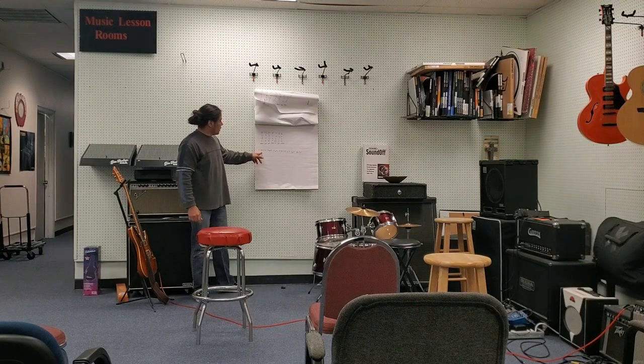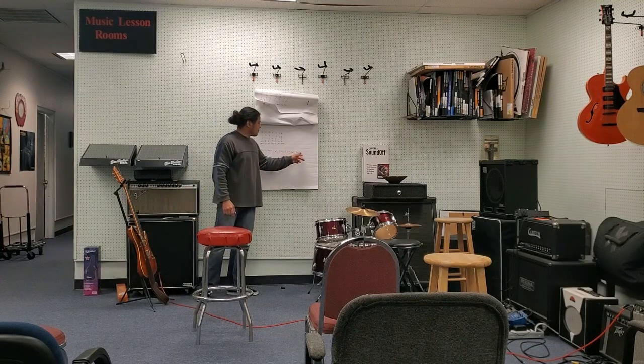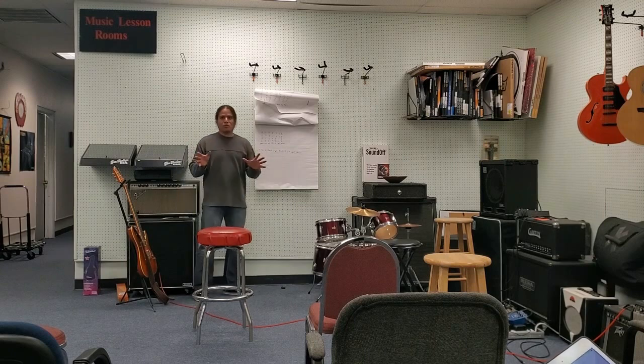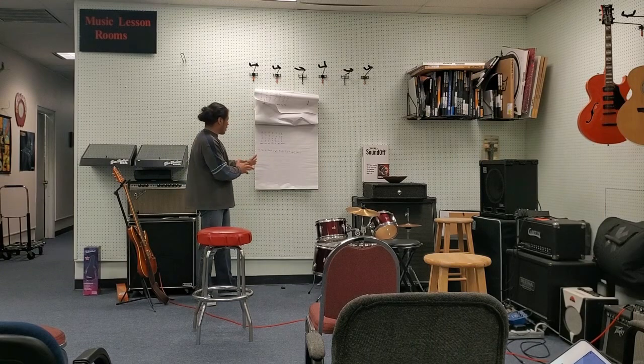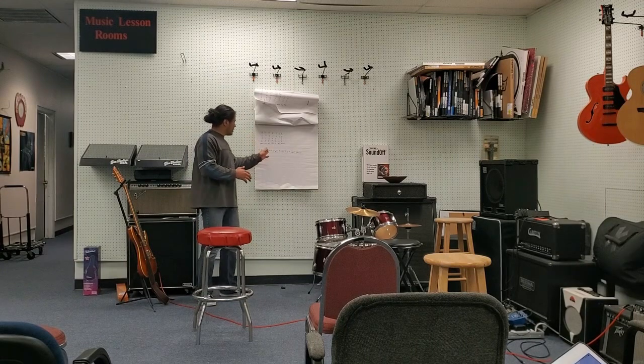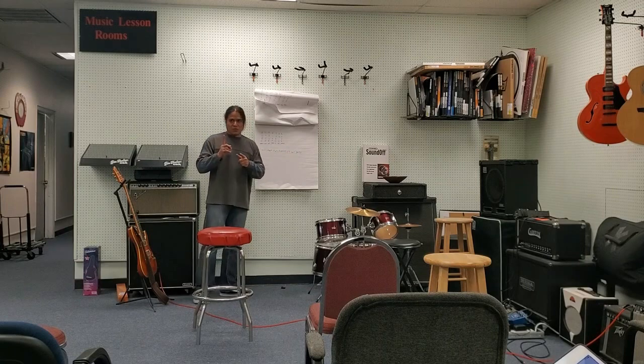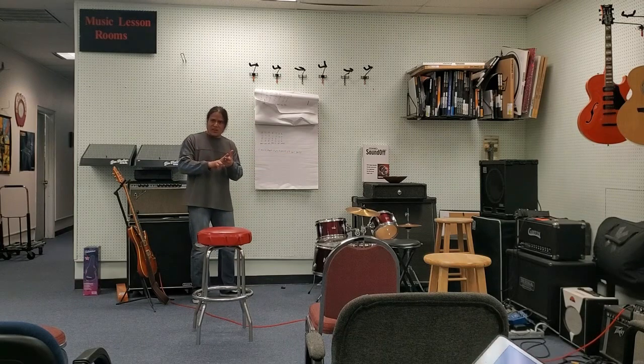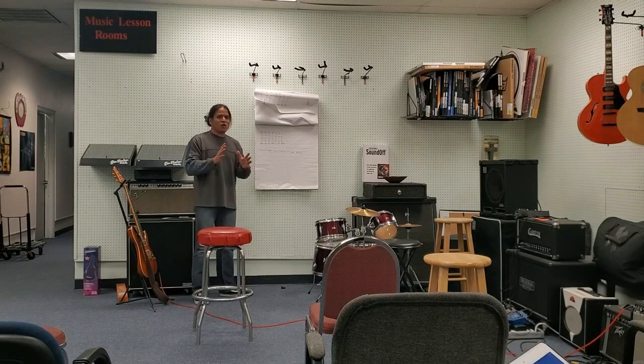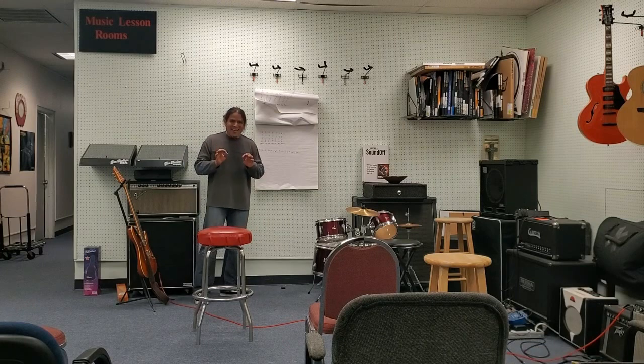Now, the type of chord that I'm going to have in each position, and again, I'm not talking about physical position, but I'm talking about the placement in the scale. Is it on the first note, on the second note, on the third note, and so on? It's going to remain constant in any major key that you choose.